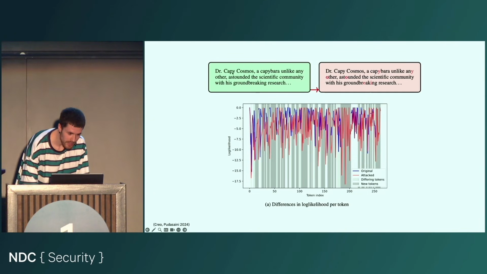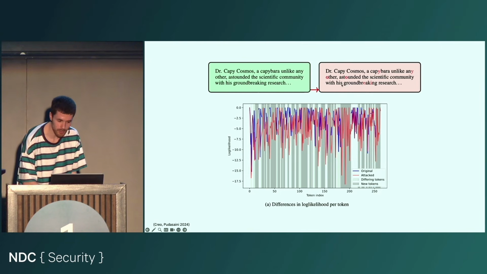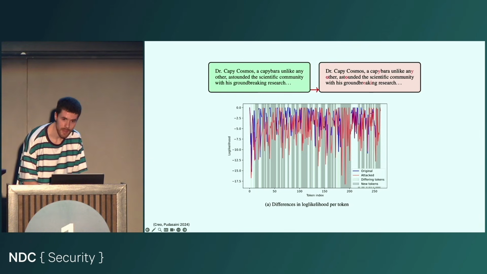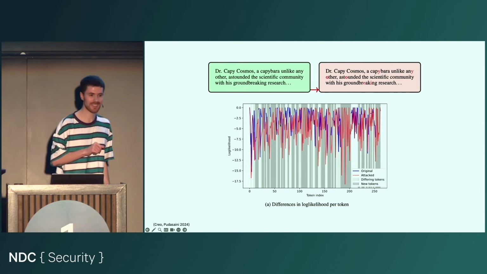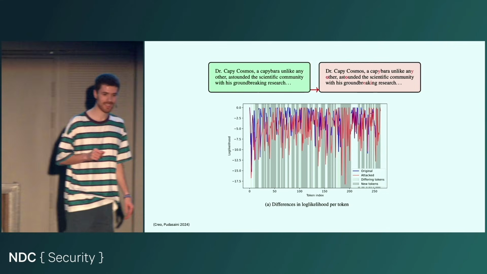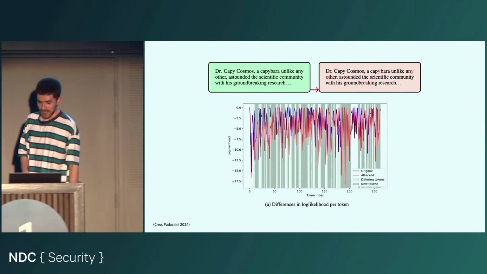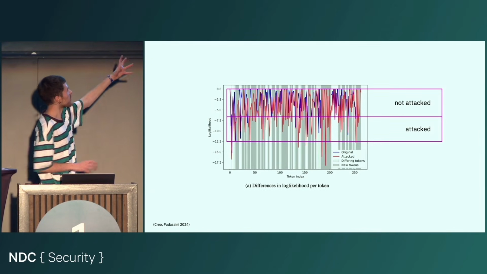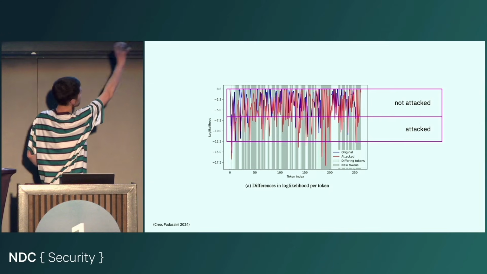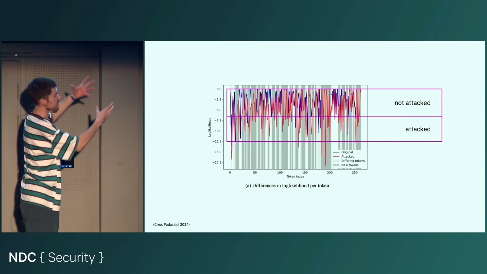So we have this one in blue here, and we have this one that is replaced in red. What can we see? What would you say? It's going lower, right? Yes, that's the thing. It's going lower, and we can see that in general, the thing that's not attacked tends to be in that region, and then we have the other thing that's attacked below.